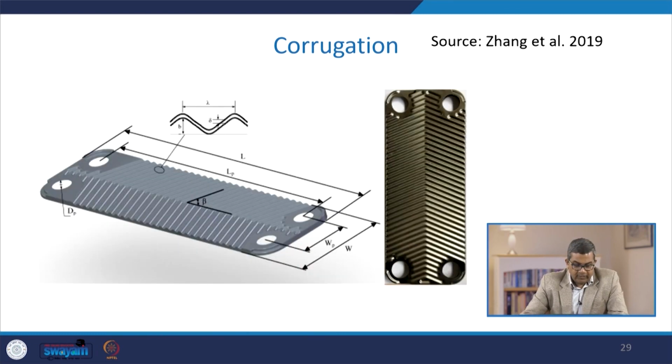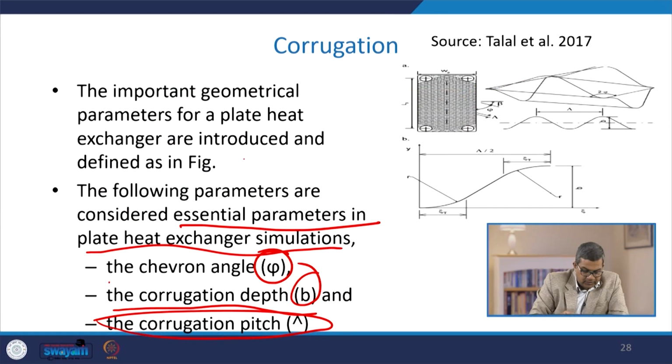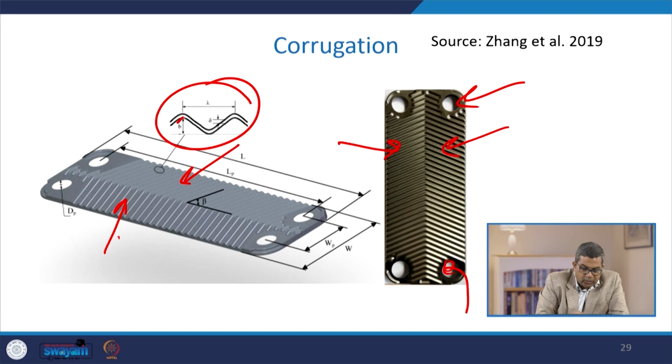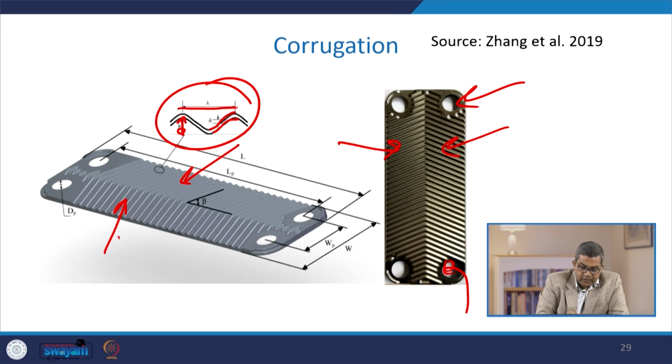Here you can visualize the different types of corrugation. Now it is more and more visible: this is the corrugation depth, this is the Chevron angle, and this is the corrugation pitch.